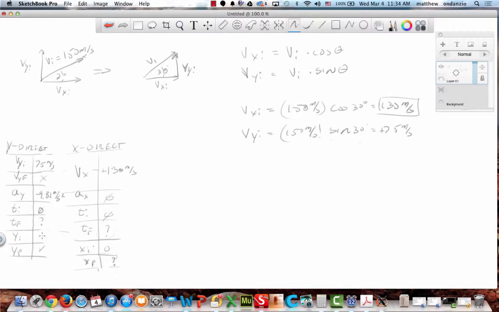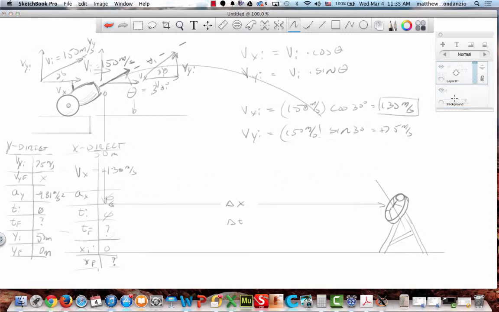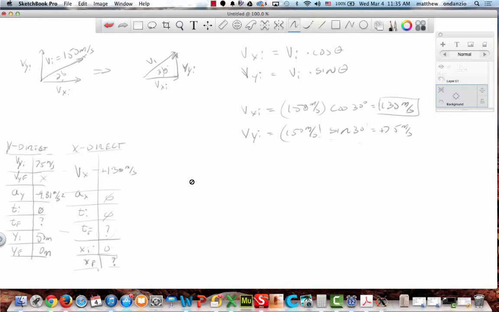What's my final y? 0 meters, because even though I'm not on the ground, it doesn't matter, I'm talking about my delta y. Now I know my x initial, which is 0, and my x final is what I'm looking for.